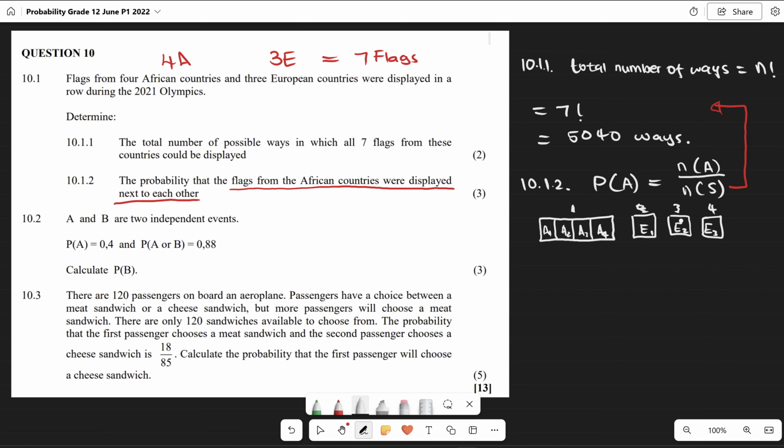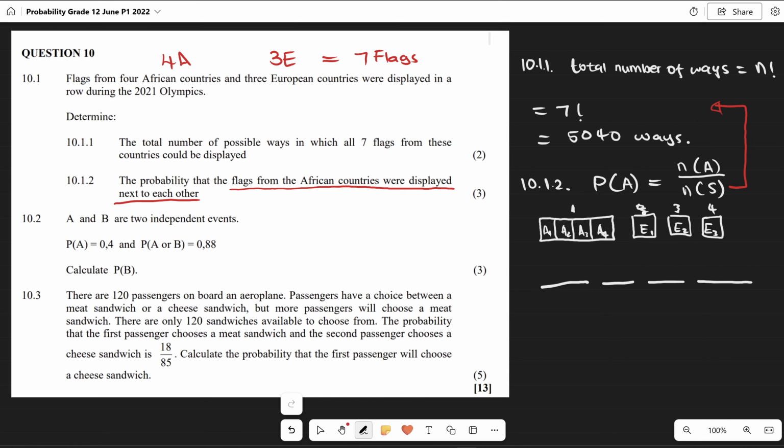How can we arrange these 4 items? We know this is equal to 4 factorial. But before I write this 4 factorial, let me try to explain what is going on here. We have 4 spaces right here.